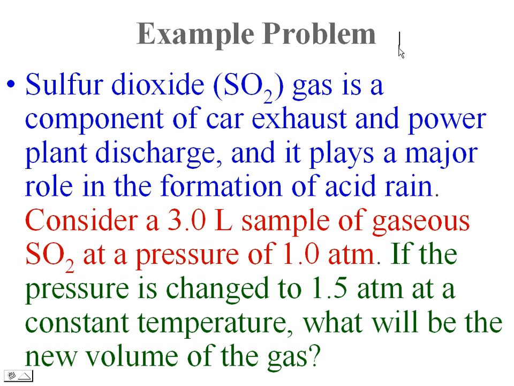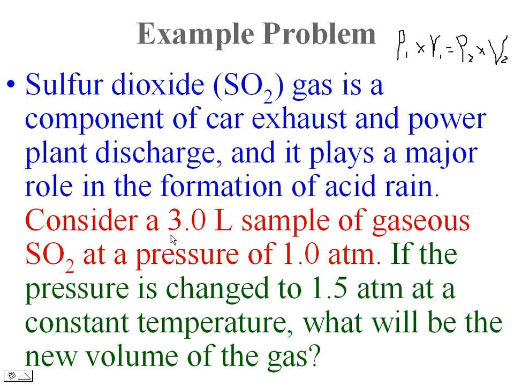So first of all, we need the formula. P1 times V1 equals P2 times V2. And here we want to figure out which is P1, V1, P2, V2.